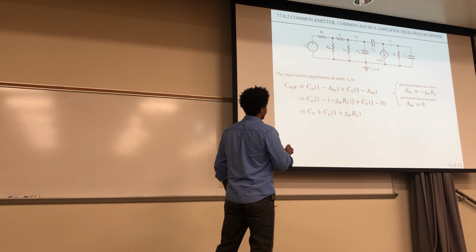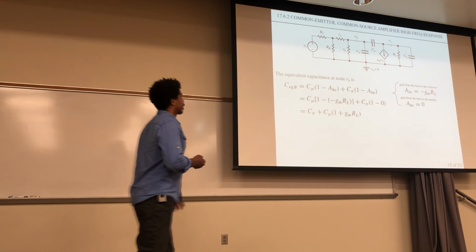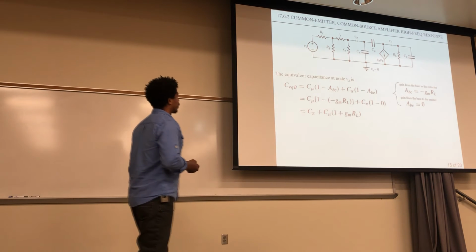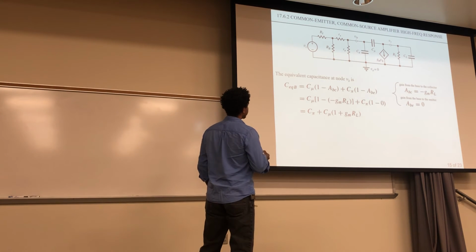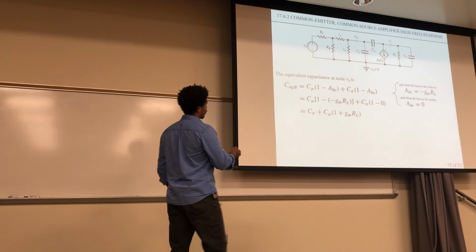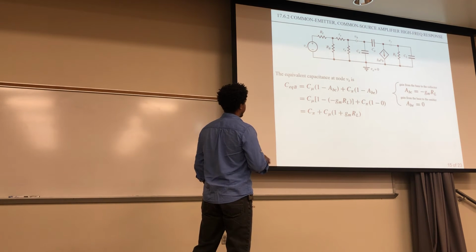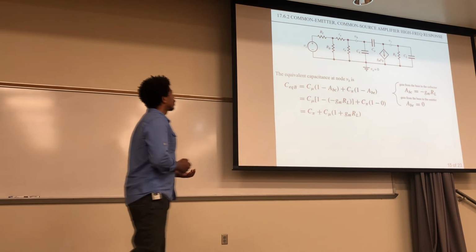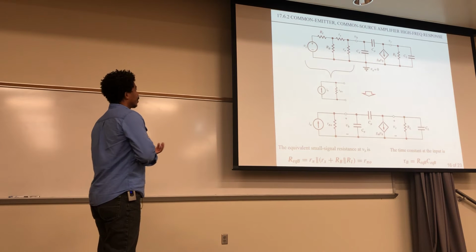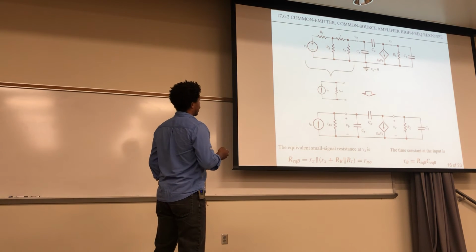This part right here is 0, so we didn't really need that scaling, but that's the gain between the base and the emitter. So this right here can be rewritten like this. We're just plugging these values in, and then it's written like that.